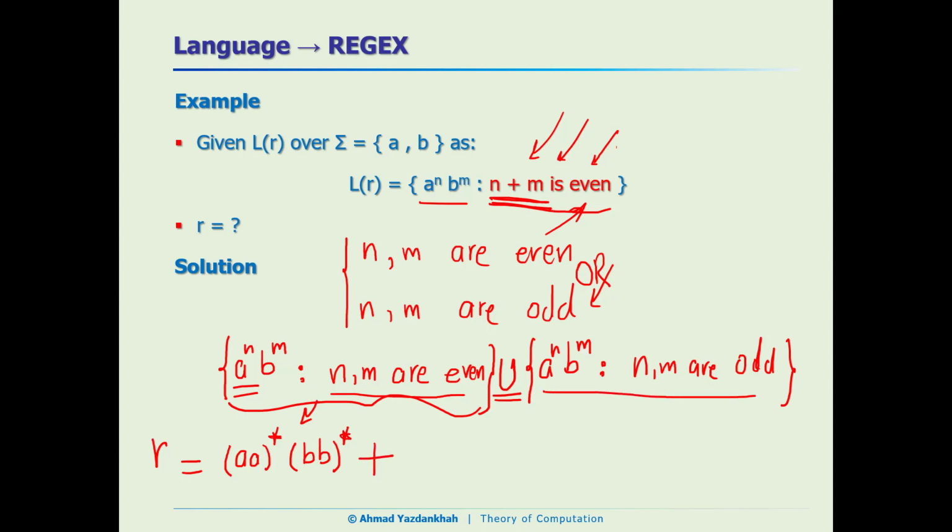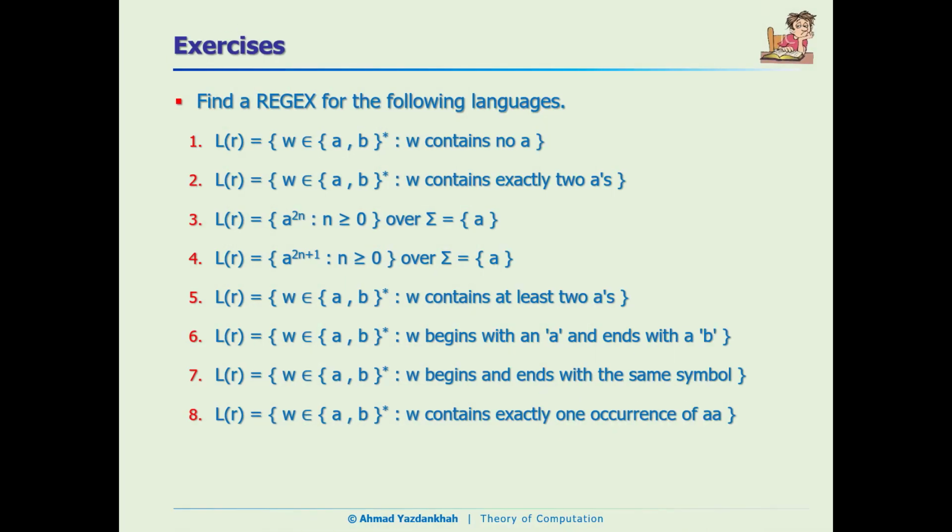And how about this? A(AA)*B(BB)*. We are using our knowledge about the previous examples. So I put some exercises here. You can go over them and try to solve them.